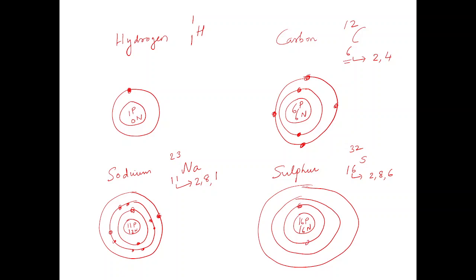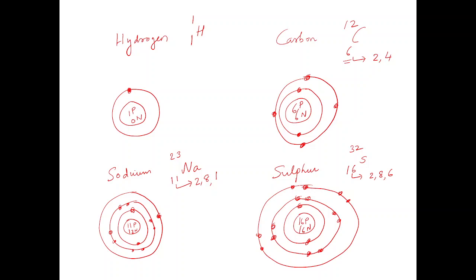So 2 electrons in the first shell. Eight electrons in the second shell. 1, 2, 3, 4, 5, 6. 6 electrons in the last shell.